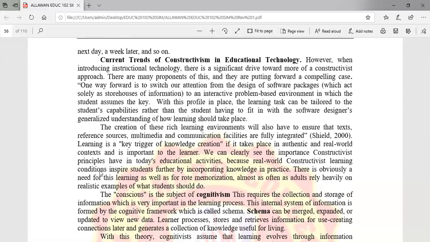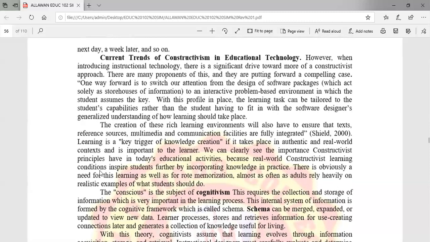Like in my environmental science, I searched for videos on YouTube about forests, grasslands, and so on. But on your part, I will just look for another documentary about these educational technologies.